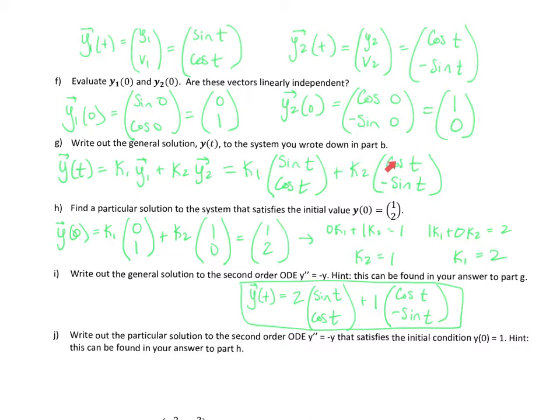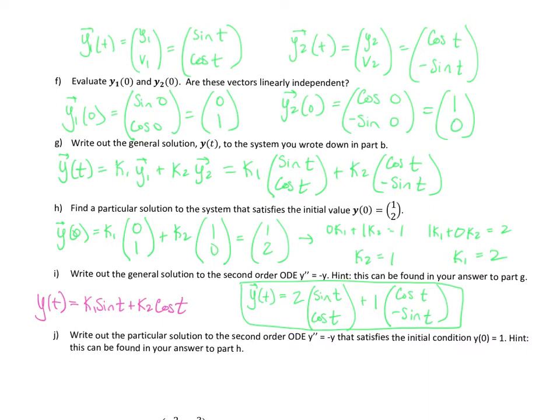So the first entry in this solution is y. The second entry here is v. So for I, if I just want the y, I can just grab it. So y of t, not vector valued, no arrow over it, would just be k1 sine t plus k2 cosine t. It's just the y from my (y, v) vector valued equation.